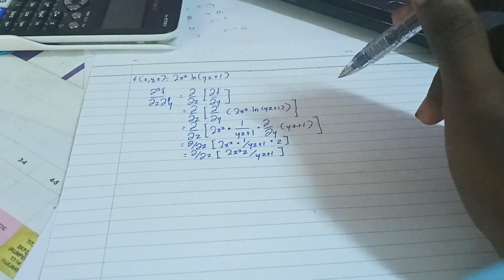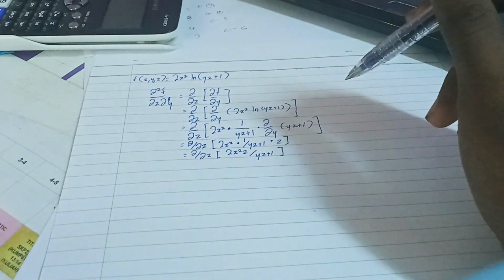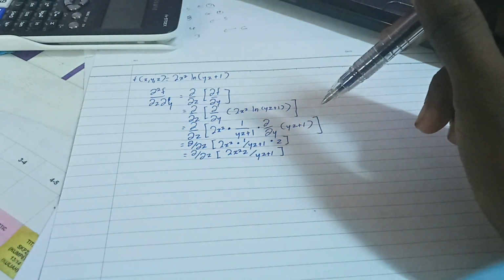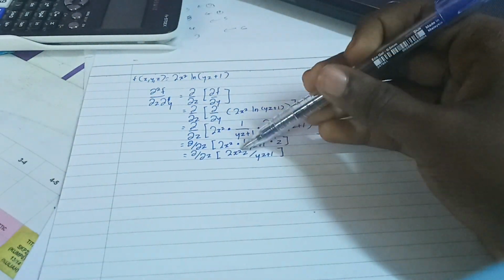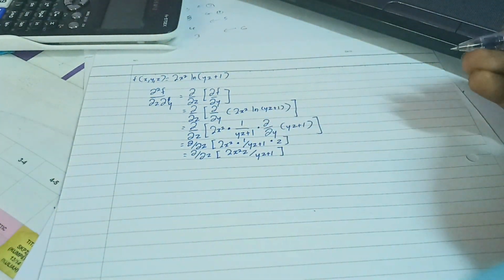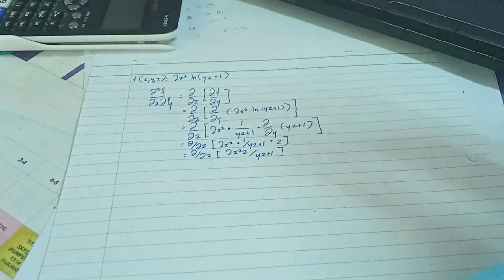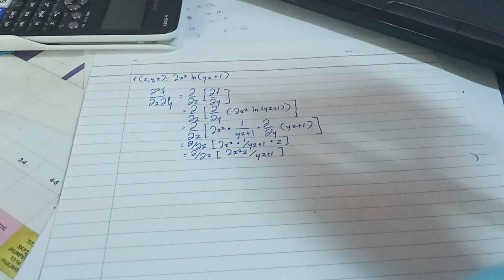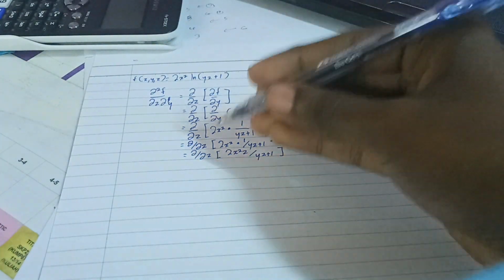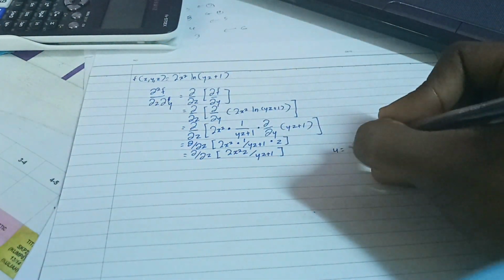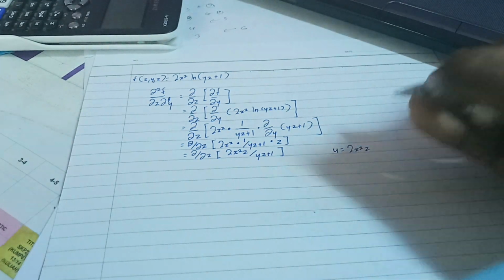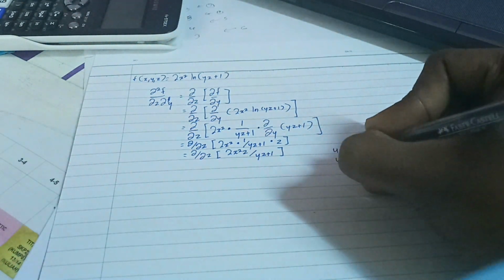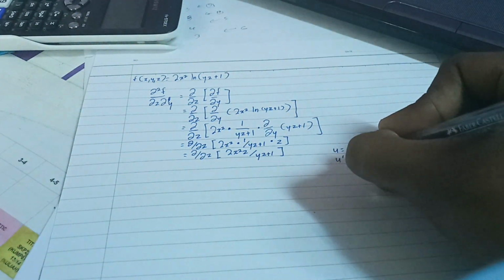Now we have to solve it on the z side. Since we have z on both sides, we have to use the quotient rule, which is similar to the product rule. So we will take our u as 2x squared z, and our u prime will be 2x squared.